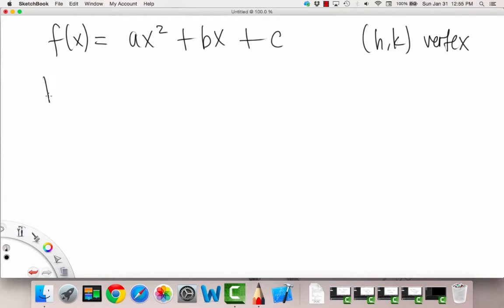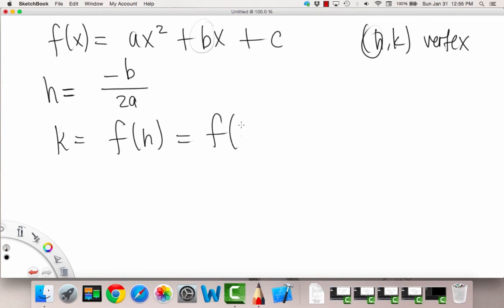Anyways, we arrive at the fact that our h, the x-coordinate of our vertex, is given by negative b over 2a. Whatever b is, it's just your coefficient of x, the x to the 1 power, and a is just your coefficient of x squared. And then k is just whatever the function value is when you plug in your h. So basically f of negative b over 2a. Let's do an example of that on the next slide.